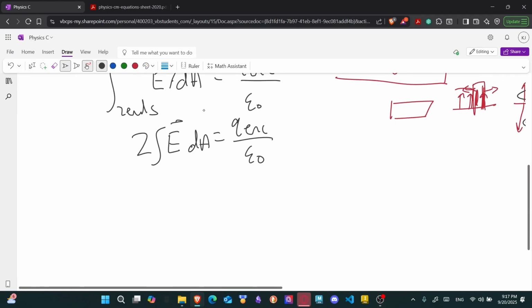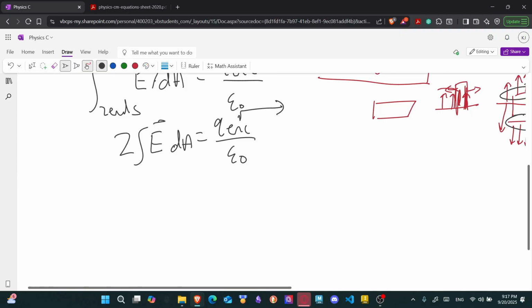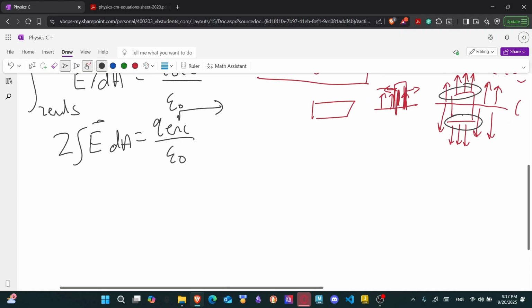Okay, finding Q enclosed. What is that? So Q enclosed is basically everything that's within the surface. There are three different Q enclosed that we can find: lambda, sigma, and rho. All these are different, but we're looking for sigma, which is for area.